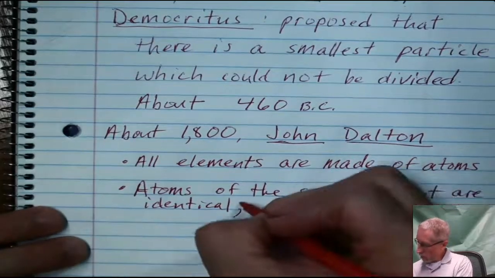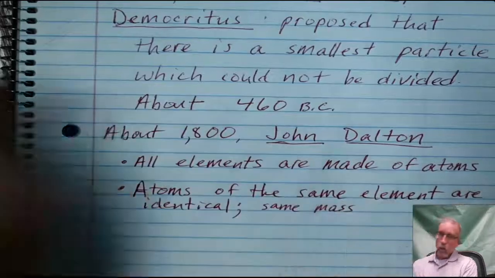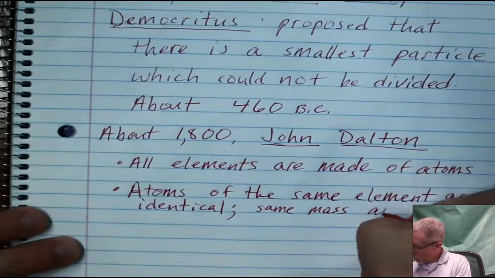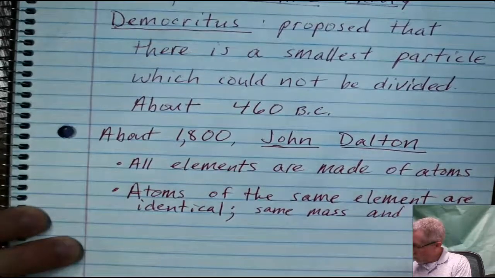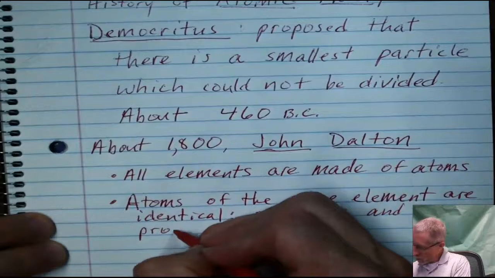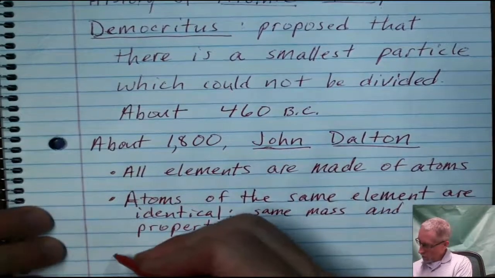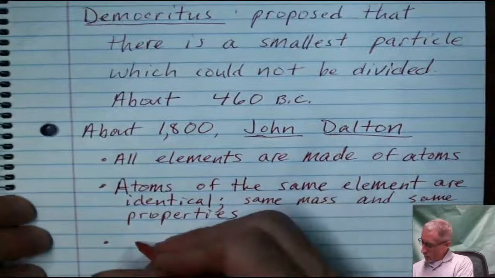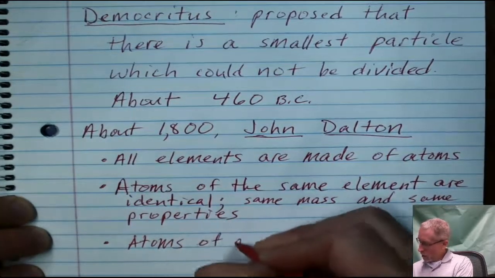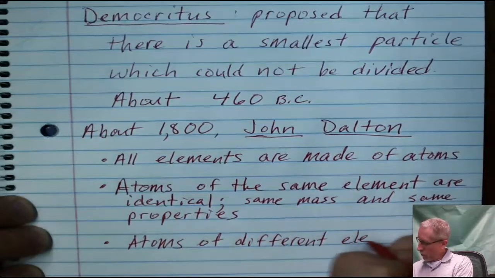And by that we mean they have the same mass and the same properties. Properties, remember, just means characteristics or traits. But atoms of different elements are different.